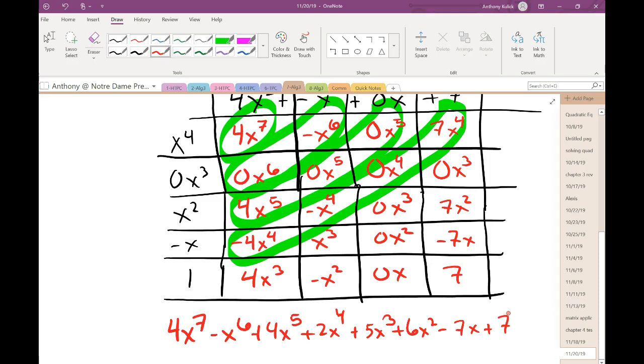Is everybody okay with how I took my results from my grid and transformed that into my final answer?